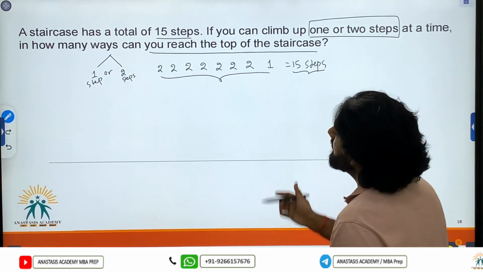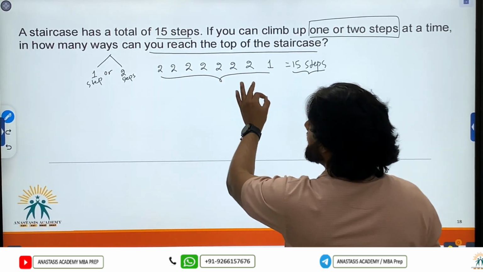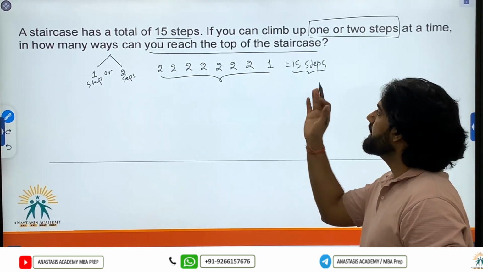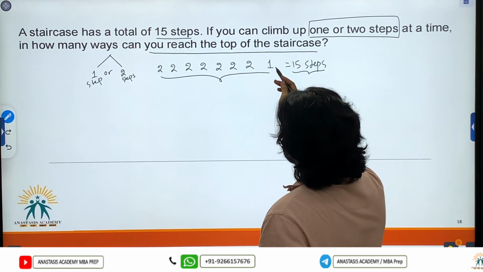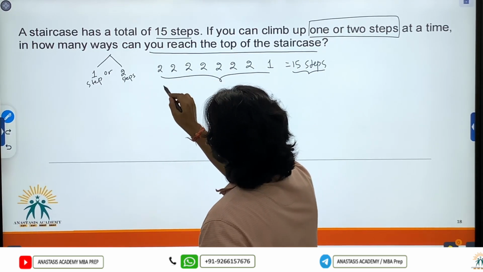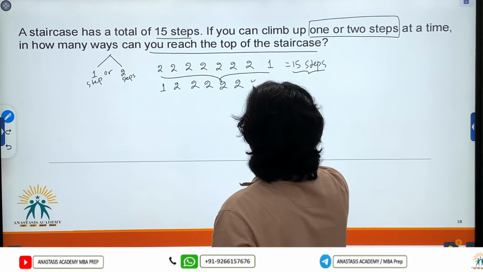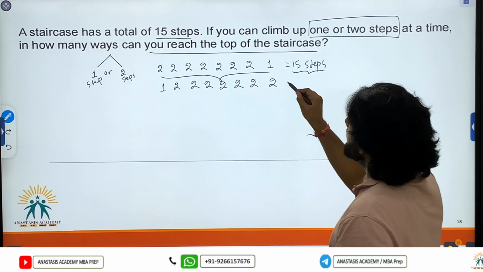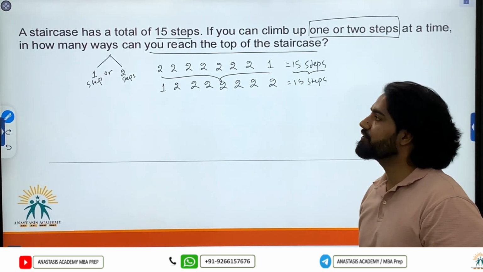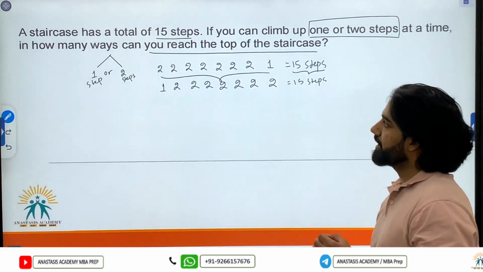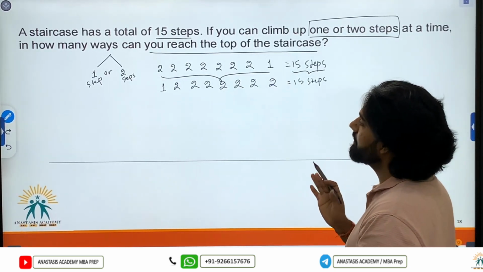For example, there is this specific way when I take 2 steps 7 times and then take 1 step to reach 15 steps. One more arrangement of this type can be, I can take 1 step initially and then 7 times I can take 2 steps, so that I can reach 15 steps. So the relative arrangement of these 1 and 2 would give me a unique way to complete the 15 steps.